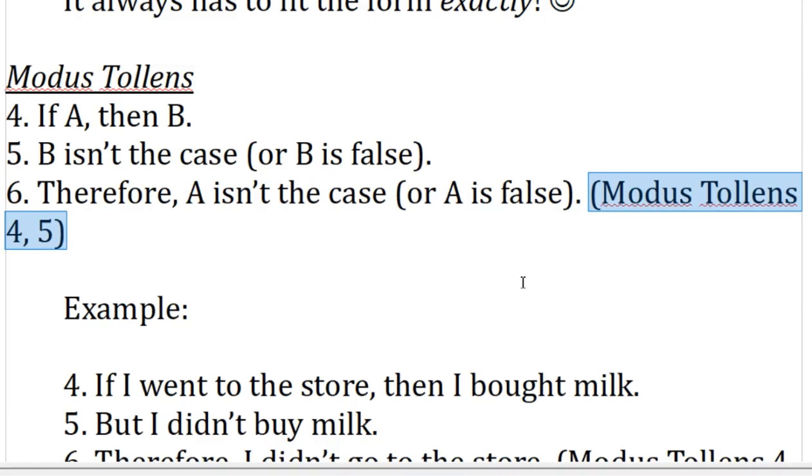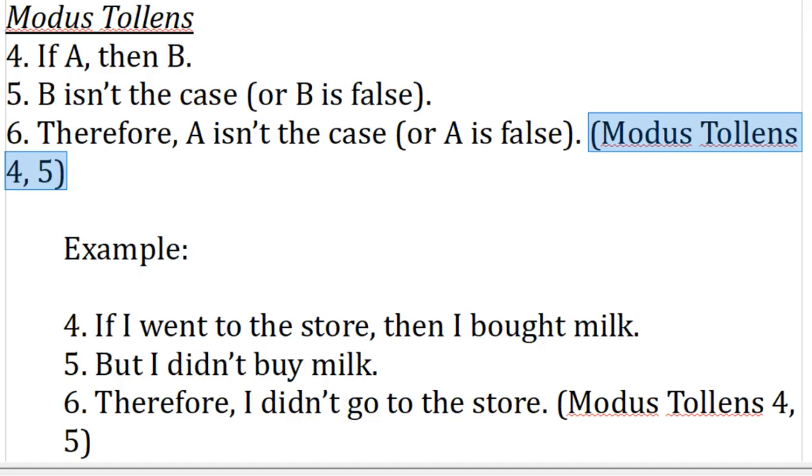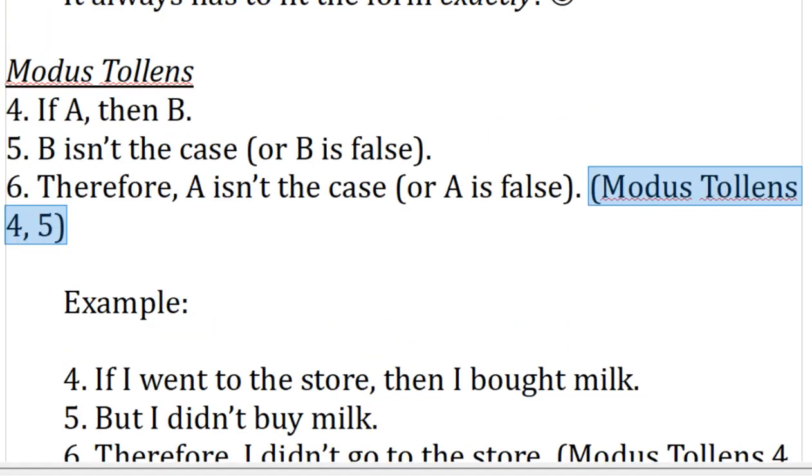All right, so let's take a look at an example of modus tollens. Let me just unpack modus tollens in its form a little bit more. What's going on there is it's saying if A then B, and then it's denying the second part, which is B. It's negating that.